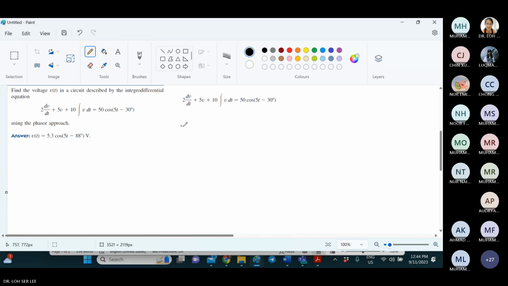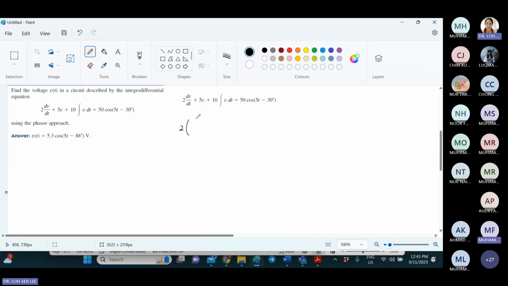Okay. To your dv dt. What is your dv dt? Differentiation. We change this into phasor. We change dv dt into phasor.